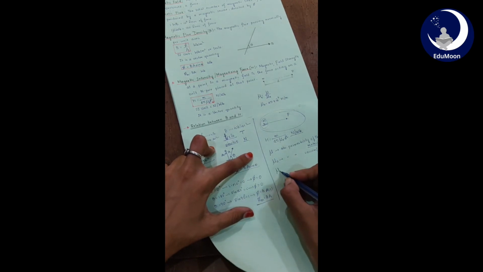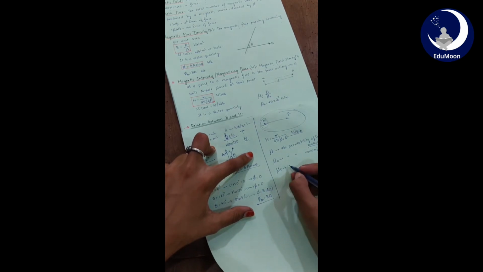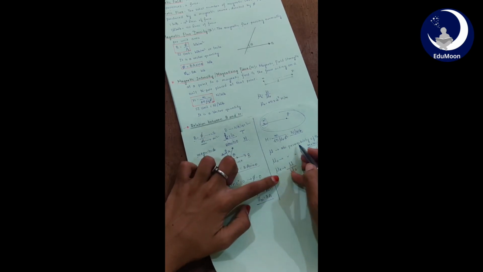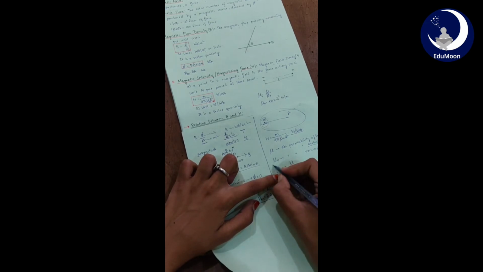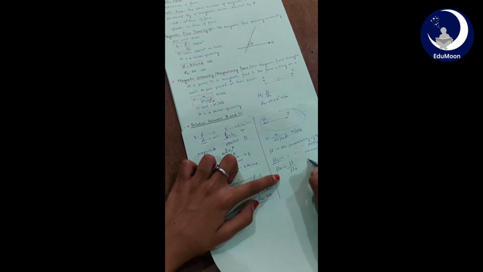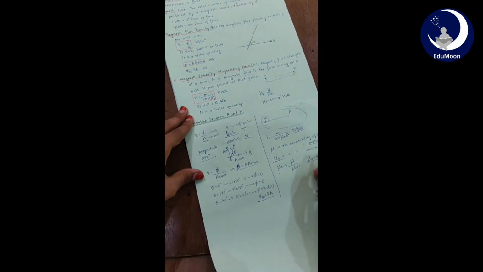And then mu r. Mu r is the relative permeability of the material, that is mu by mu naught. So mu r is the absolute permeability of the material by absolute permeability of vacuum or air, and this mu naught is a constant. So mu naught has a value 4 pi into 10 to the power of minus 7 H by m. You have to remember this thing, it's useful in calculations.